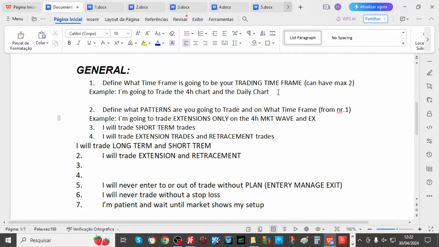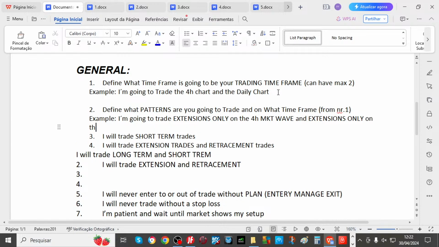and extensions only on the daily Fibonacci. I will trade the original Fibonacci and the confirmation Fibonacci.